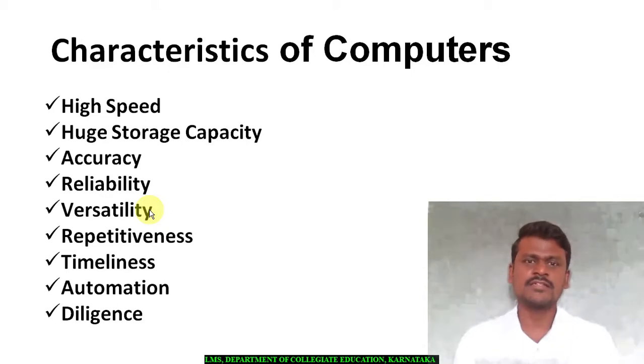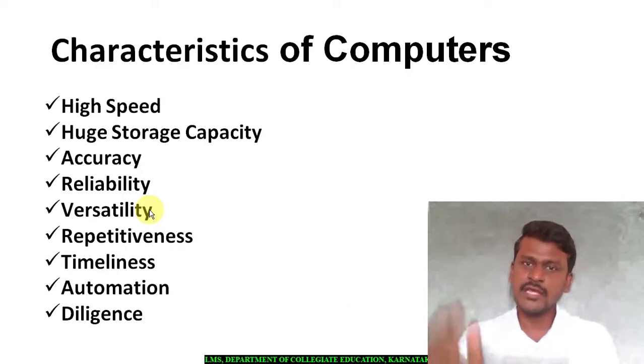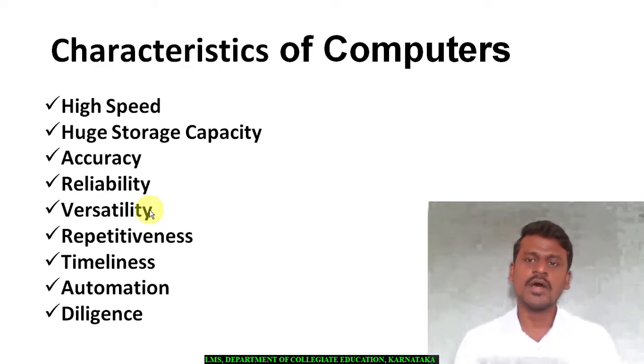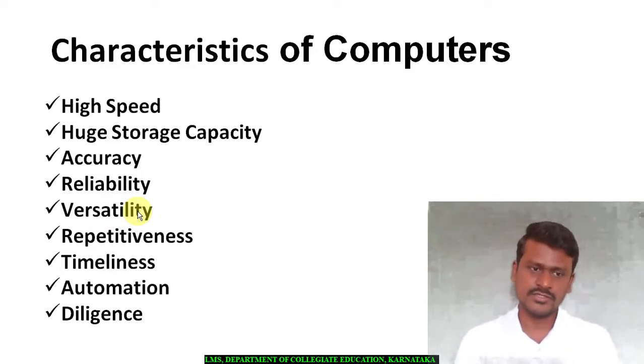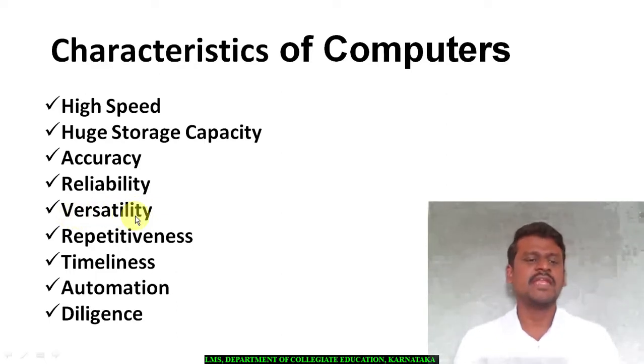Means any industry or any company will have at least one computer, because it will reduce the human work. So all the industries, institutes and organizations are using the computer. So it is versatile, so that it can be used in all the organizations or all the areas.